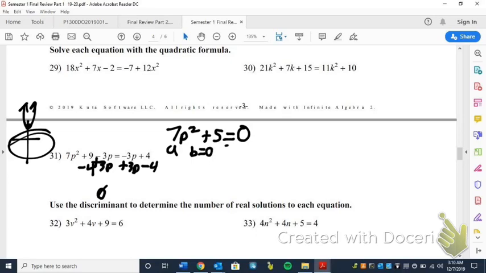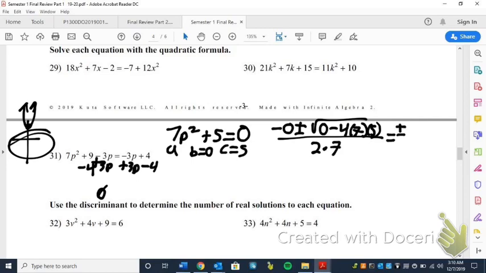So a equals 7, b equals 0, c equals 5. That gives me negative 0 plus or minus the square root of 0 minus 4 times 7 times 5, over 2 times 7.